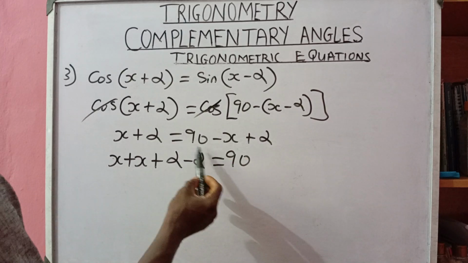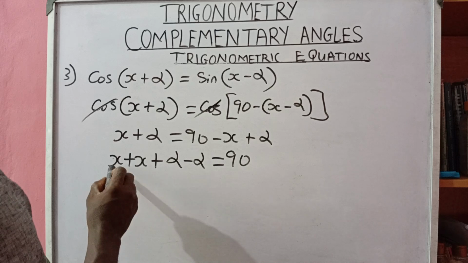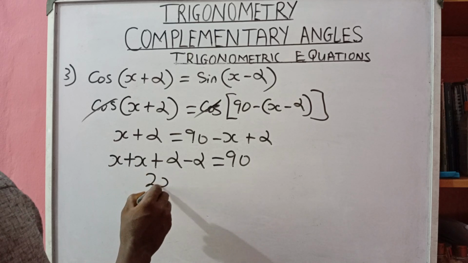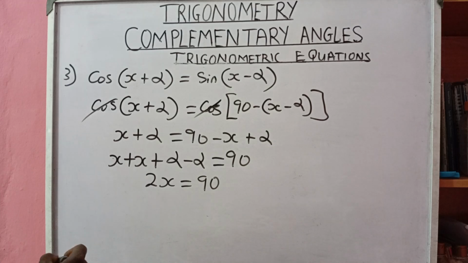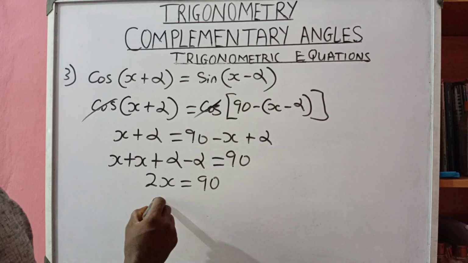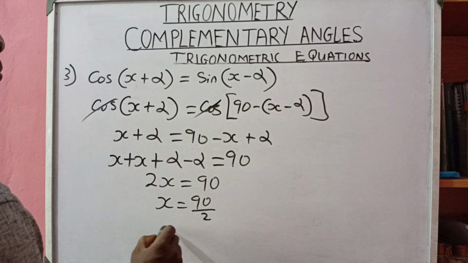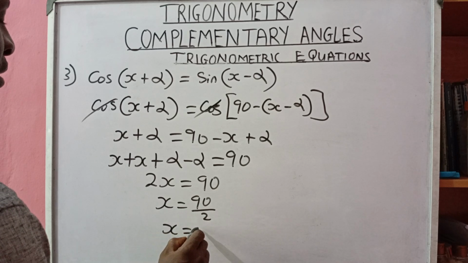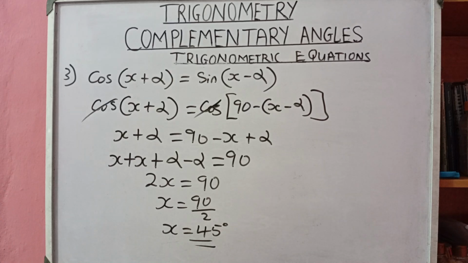So by virtue of collection of like terms, this one will cancel out. That becomes 0. x plus x will give us 2x equal to 90 degrees. So we divide both sides by the coefficient of x. That will be 90 over 2. The value of x is 45 degrees. That is the solution to the value of x.